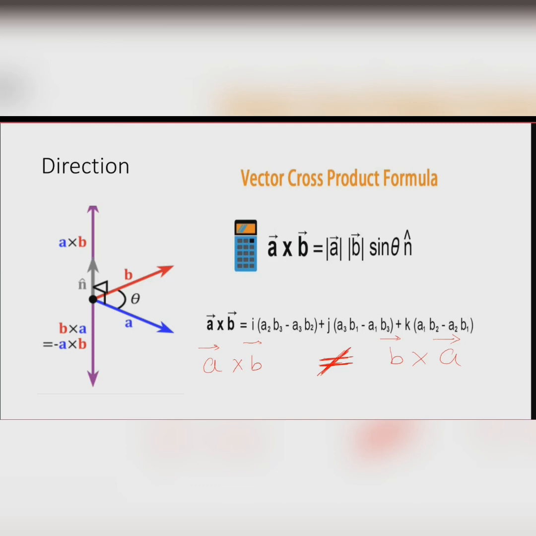If you rotate the screw with your right hand from A to B, the screw will move upward, as if you are opening a tap. If you rotate the screw from B to A, it will move downward, as if you are closing the tap.